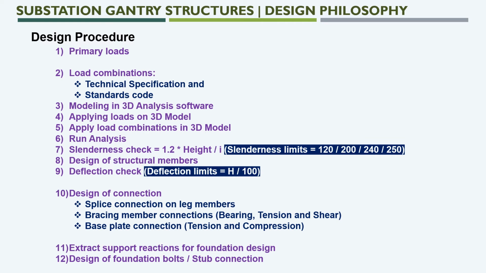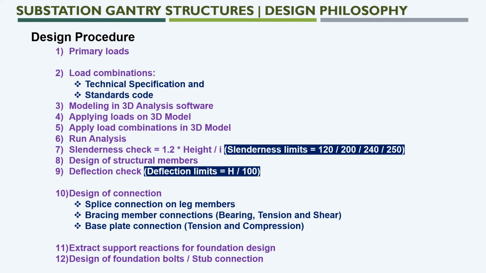Suppose I have a main leg of 150 by 15 or 150 by 10, and my actual deflection is beyond the limit, then I have to change this 150 into 160 by 16 or 180 by 15. Likewise, the iteration process has to be done until the deflection passes.